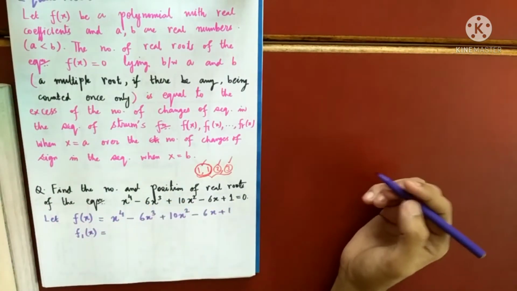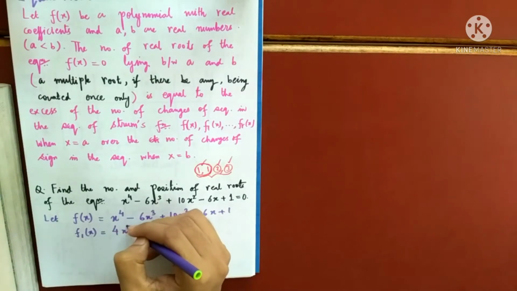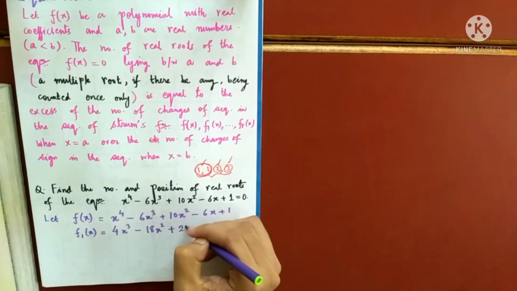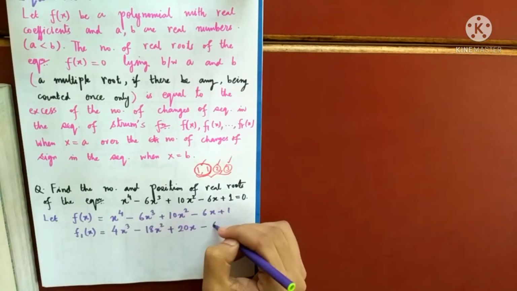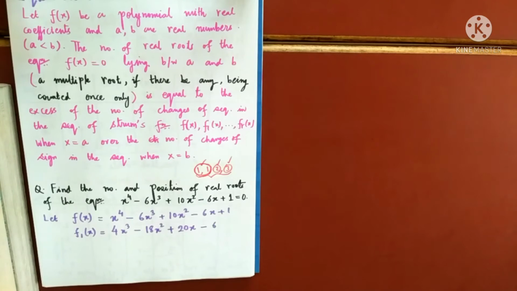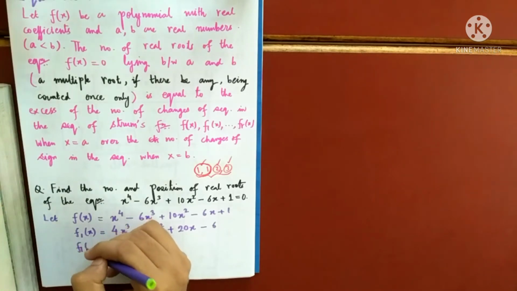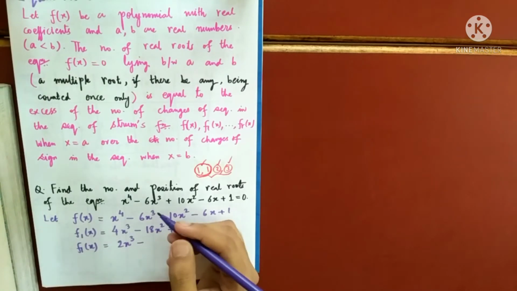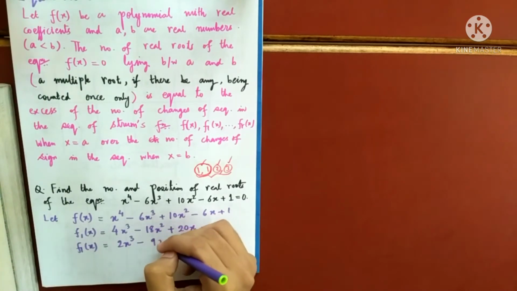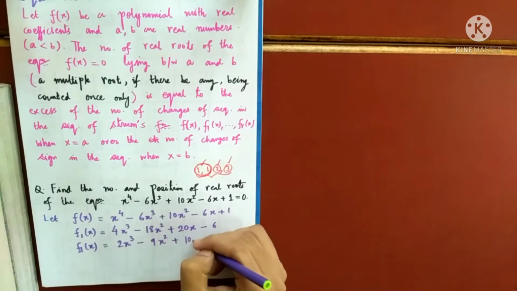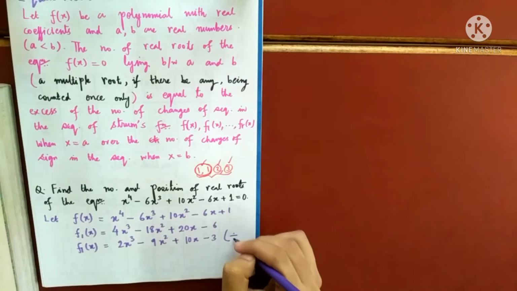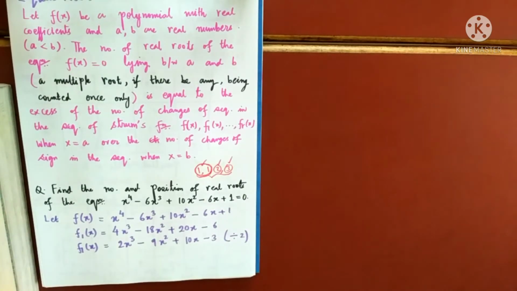So what is f1(x)? 4x cube minus 18x square plus 20x minus 6. We can remove a factor 2. So f1(x) can be rewritten like this. By removing a factor 2, I can divide by any positive number without any hesitation. You can divide or multiply by positive numbers, not negative numbers.